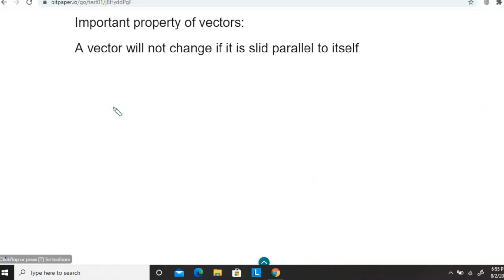So as an example, if we consider vector A, this is vector A, I'm going to slide this vector parallel to itself. So this is the original position, and after sliding, it will be somewhere over here.